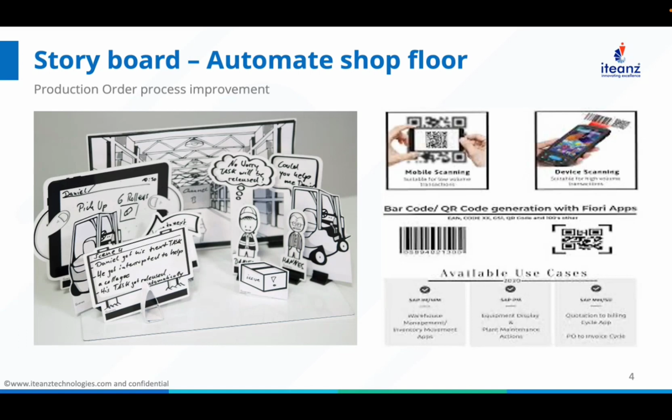Then this physical ledger, where he has entered the information of the work completed, needs to be taken to the office. It may be in the same campus or in a different campus. Then one data entry operator will check that job card and enter that information in SAP.